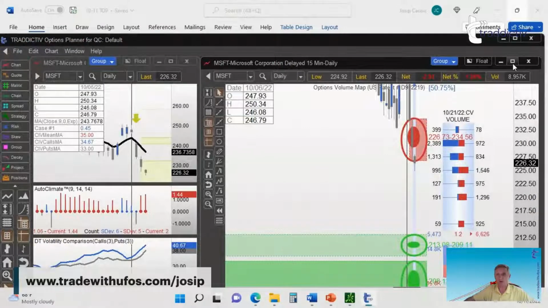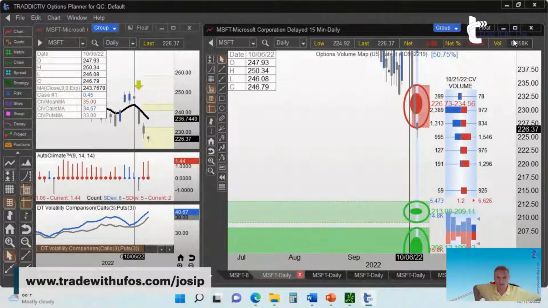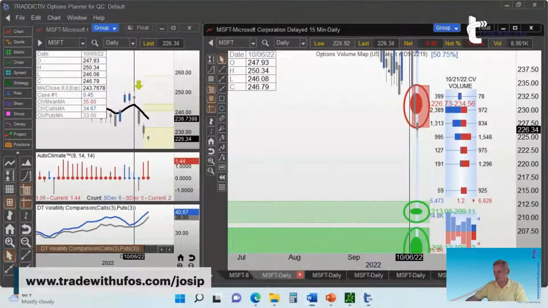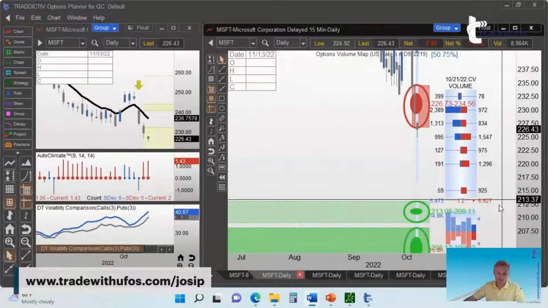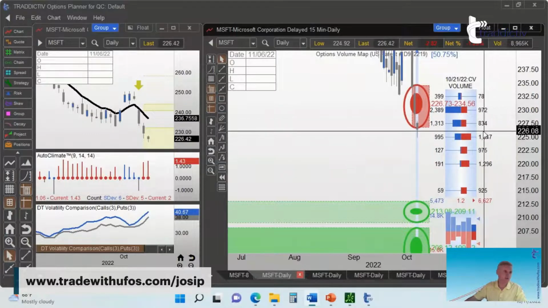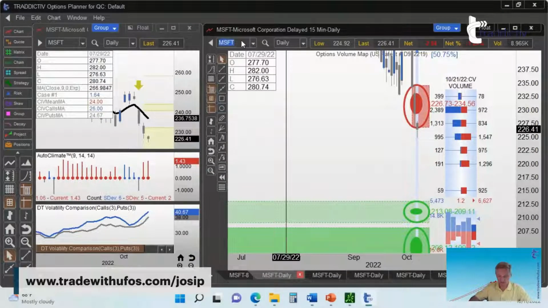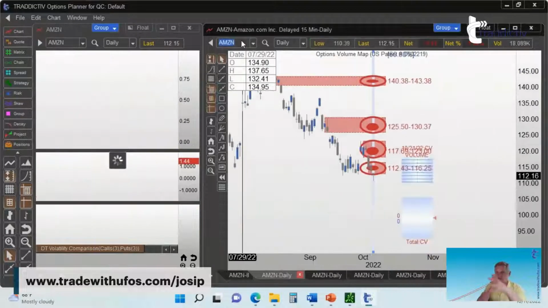So now what I would like to do next is look at the same trade, a bear call spread, which makes money only if the market goes down, on Amazon. And I'm going to apply the same logic. I'm going to leave my option value map right here, but I'm just going to change to Amazon.